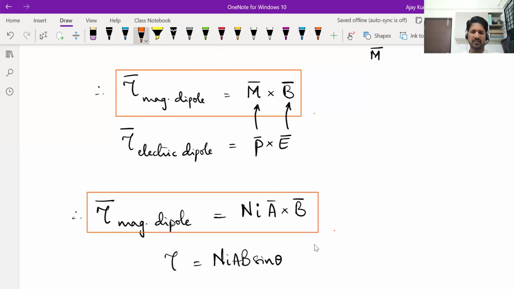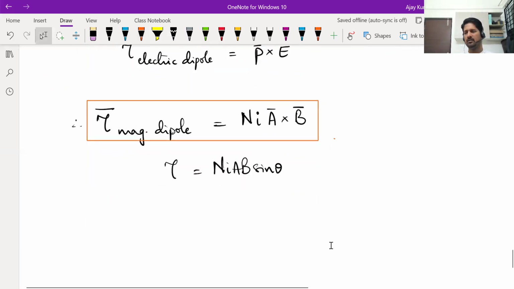If you write A cross B as AB sin theta, theta is the angle between A vector and B vector. So in this case, it will be the angle between the area vector and the magnetic field vector. That's the torque on a magnetic dipole, or basically a current carrying loop placed in a uniform magnetic field.